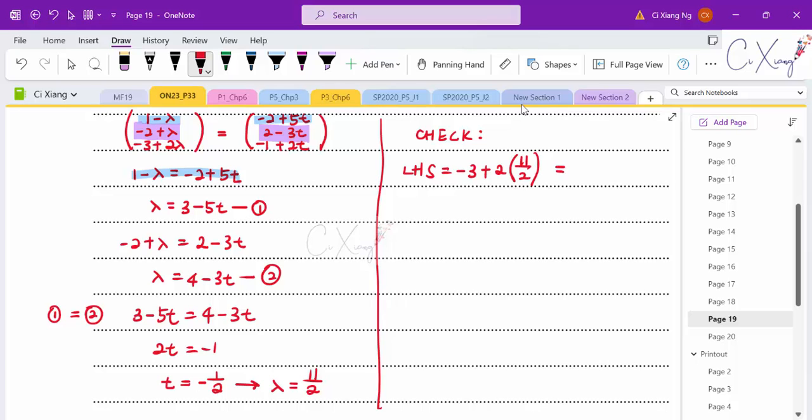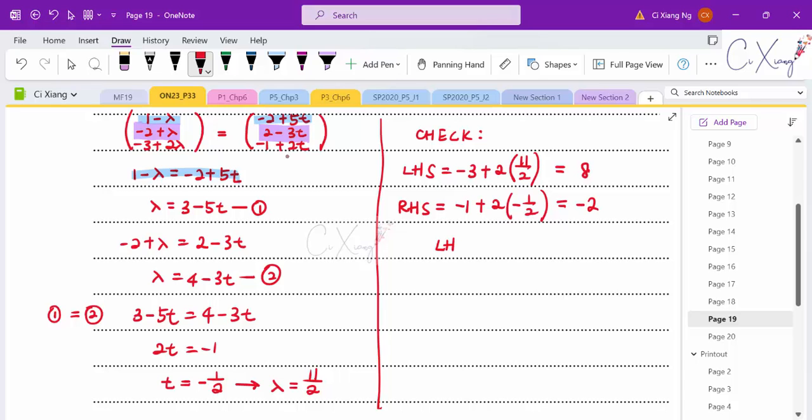So I will get the value 8. Then for the right-hand side, I'm having negative 1 plus 2t. So negative 1 plus 2 times t, and t is negative a half. If I substitute in everything, I get negative 2.